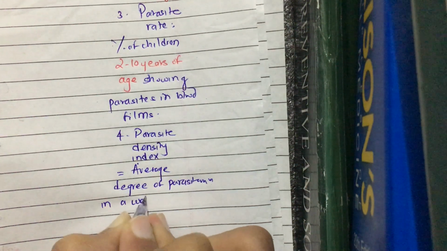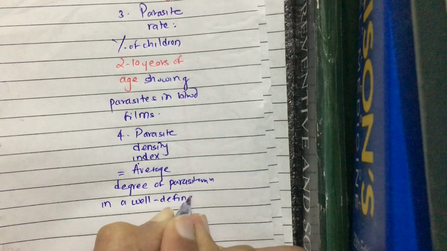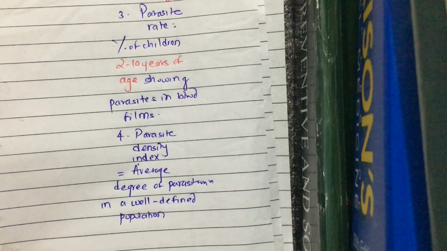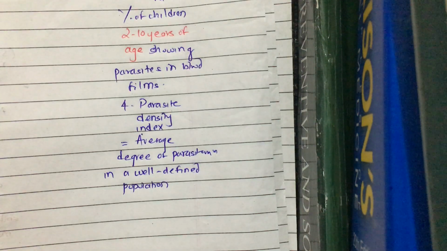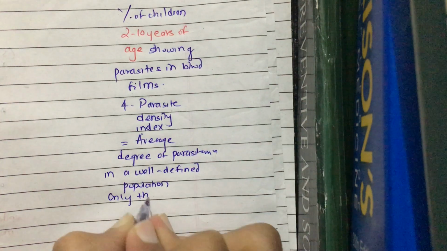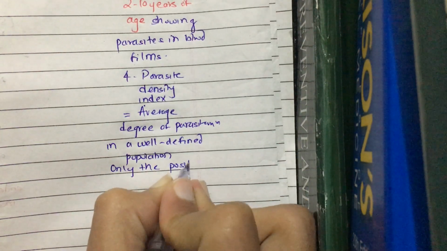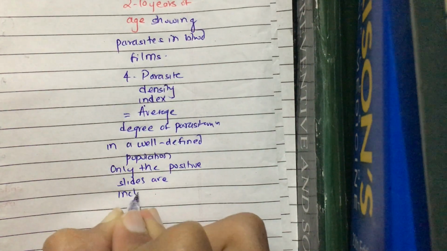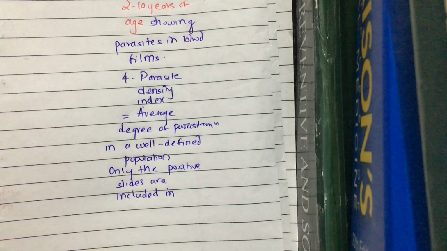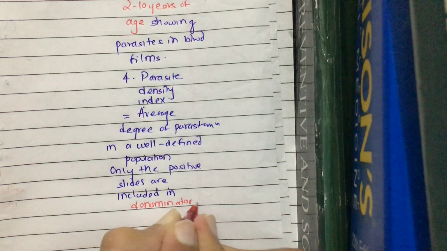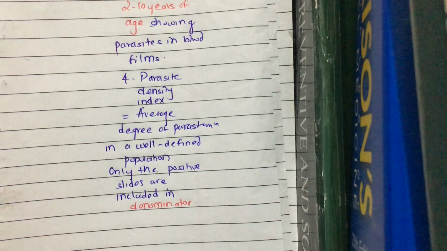So we take a well-defined population and we measure the amount of parasitemia in that population, and it becomes the parasite density index. In the parasite density index, only the positive slides are included in the denominator.